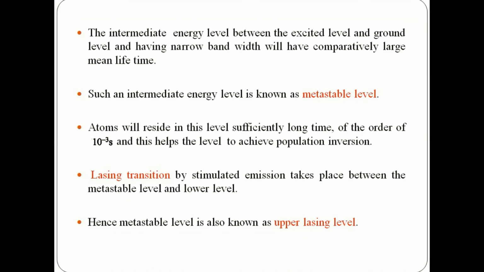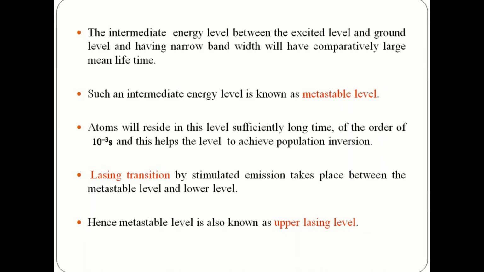So in order to achieve population inversion, we should have three energy levels: the ground state, the excited level, and the metastable state, an intermediate energy state. Within this lifetime, population inversion can be achieved.